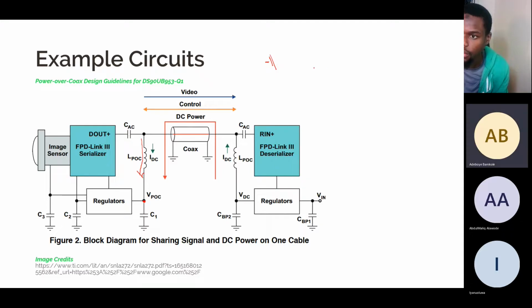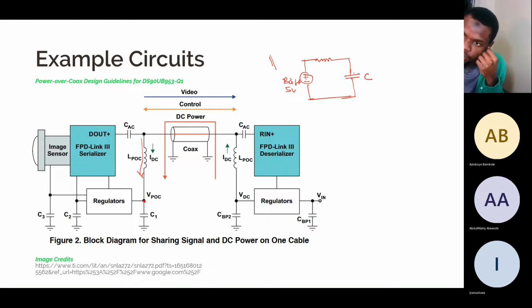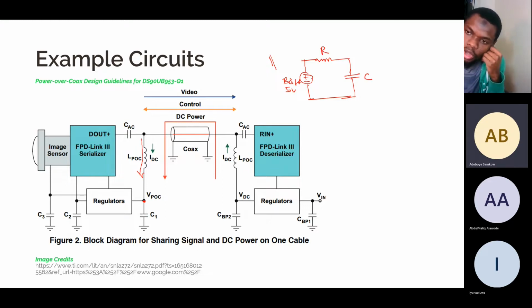This is a battery, let's say a 5 volt battery. Then you have a resistor here, and a capacitor at this end. And let's say you have a switch somewhere here. So what happens when you close the switch?